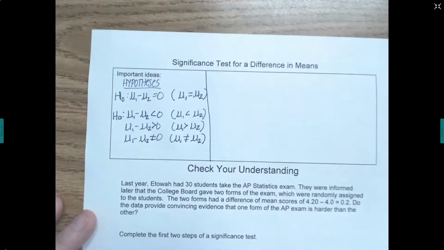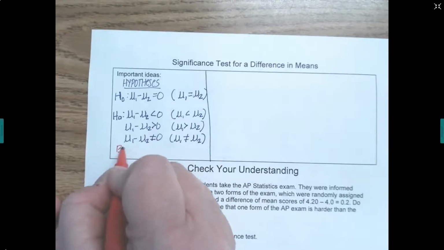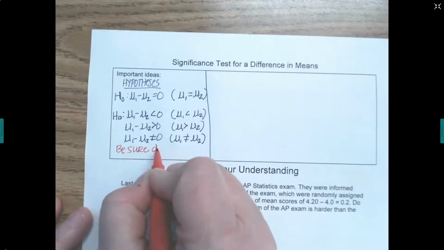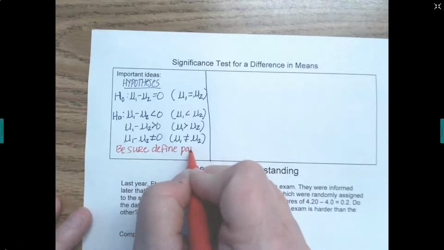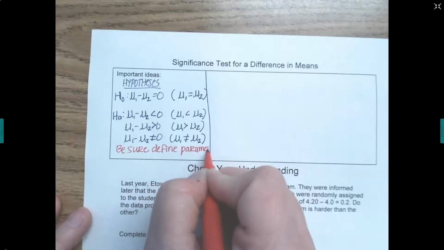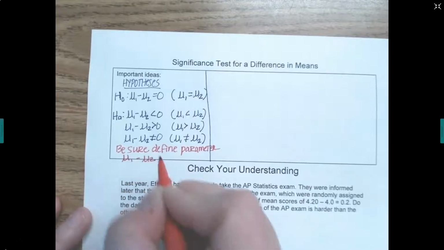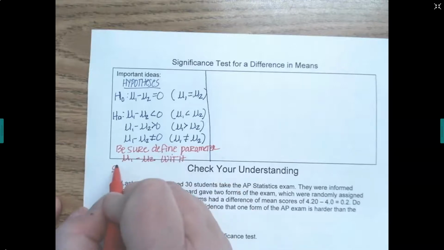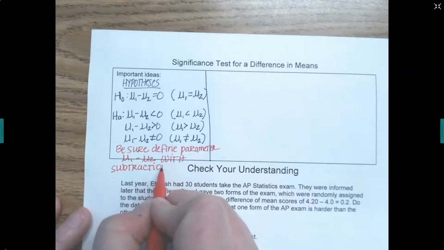When you're defining your parameter, you need to be sure to state your direction of subtraction. So be sure to define your parameter, mu1 minus mu2, with your subtraction order. I want to know the order you're subtracting in.